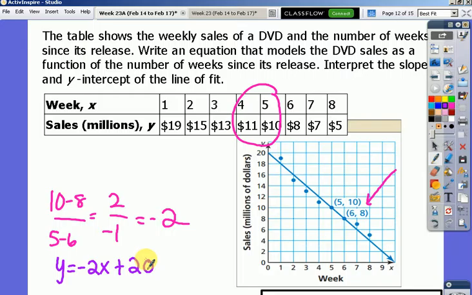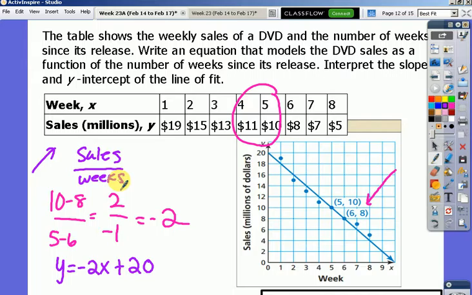Now it says interpret the slope. We have our sales on top, over our number of weeks on the bottom. What do you think this -2 is telling us? And remember, these numbers stand for millions.